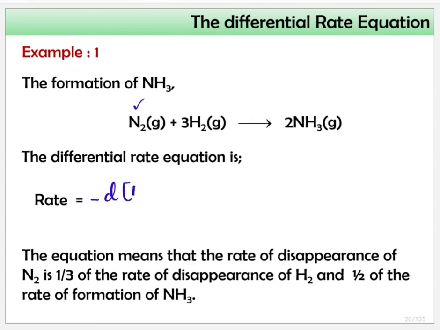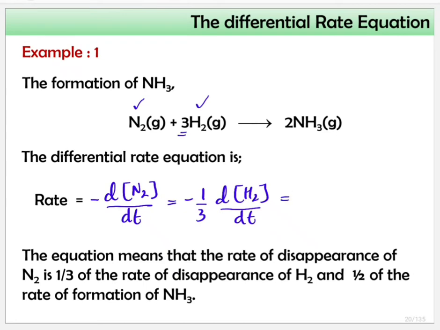d concentration of N2 over dt equal to, now kita nak buat untuk hydrogen pula. So now dah ada stoichiometry 3. Negatif masih ada sebab dia reactant. 1 over 3 dH2 over dt, equal to, this is product, so no longer negative. Ada 2. 1 over 2 dNH3 over dt.